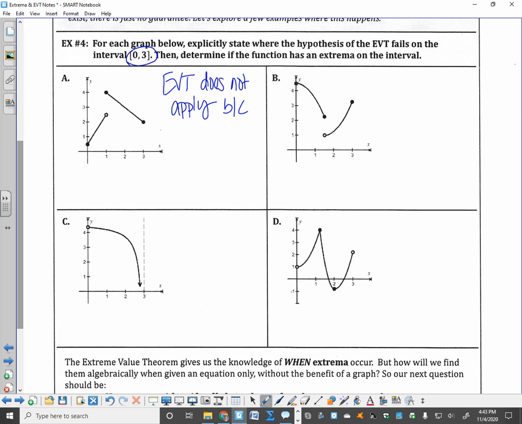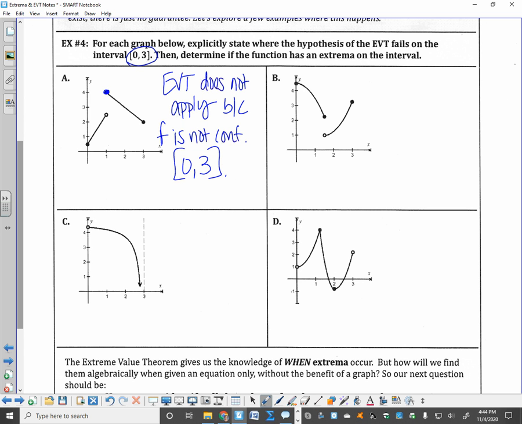Does it label what these are? Okay, we're going to call them f. f is not continuous on the closed interval 0 to 3. Therefore, EVT will not touch it. It will not put its stamp of approval on it. However, f has an absolute max of 4 at 1.